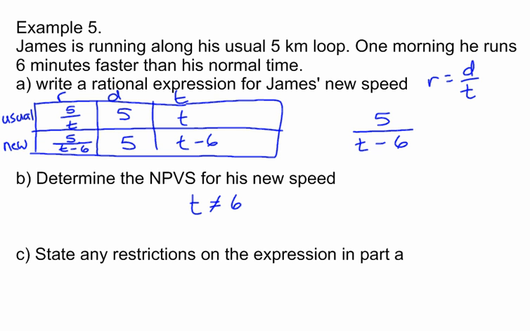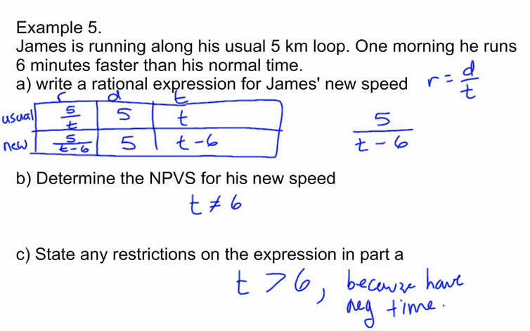What are the restrictions in Part A? So what are the total restrictions? Can it be less than 6 minutes? No, it has to be greater than 6 minutes, because if t was less than 6, you'd have negative time, because we can't have negative time.